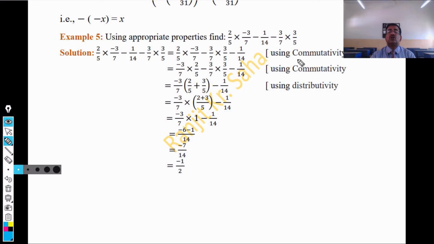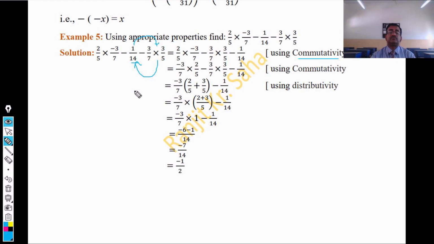That is commutativity for multiplication. Then just transfer minus 3 by 7 to the first place and 2 by 5 to the second place, and write this down. Also you have moved 1 by 14 to the last place using the commutative property for addition. Here this to this and this to this.